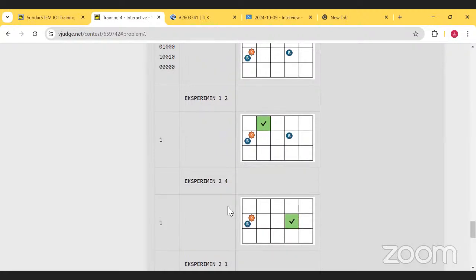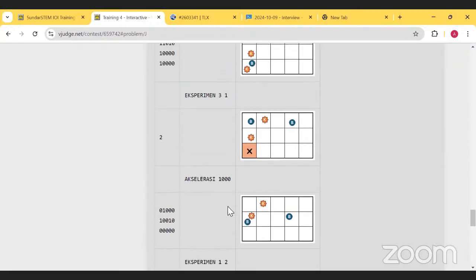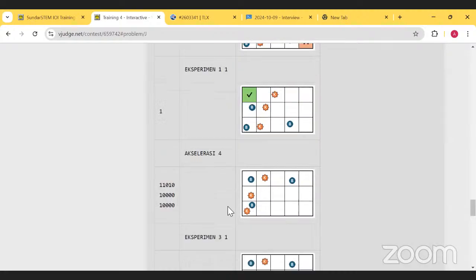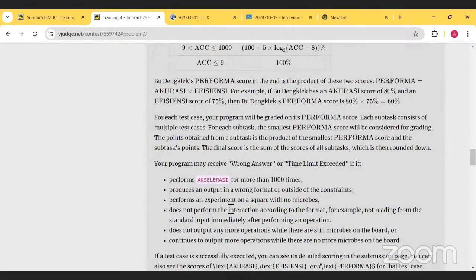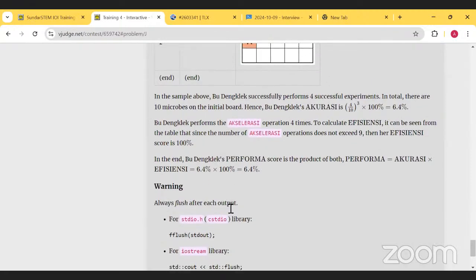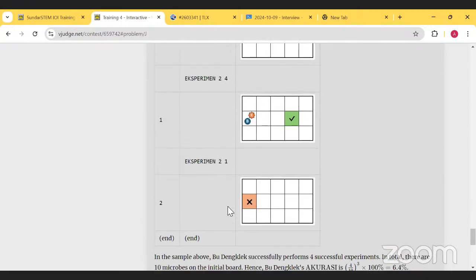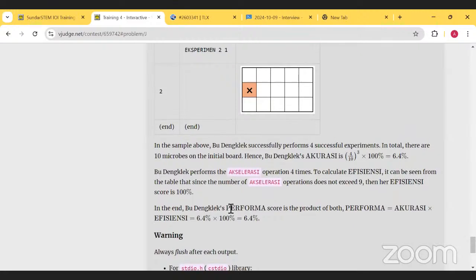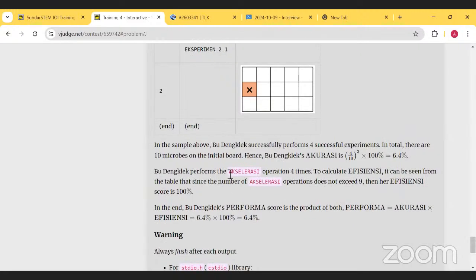Okay. And how to get partial points? Here, the more times we do acceleration, the worse, but less acceleration means better.